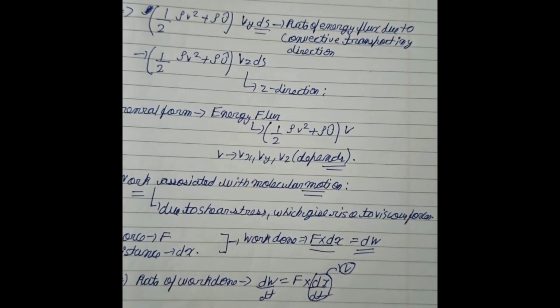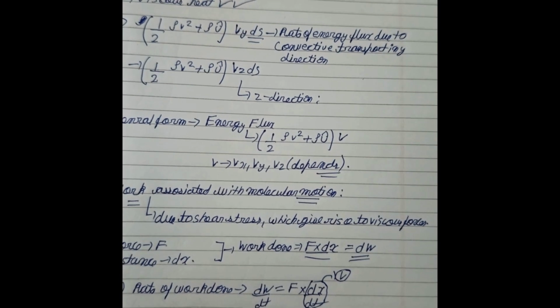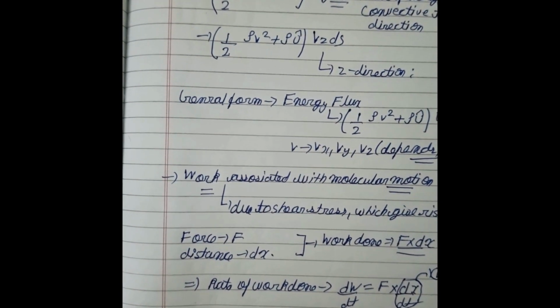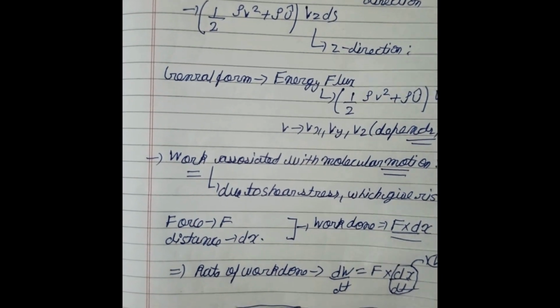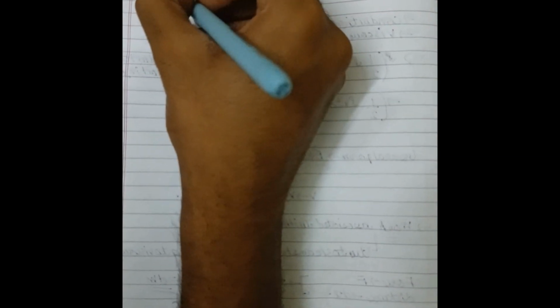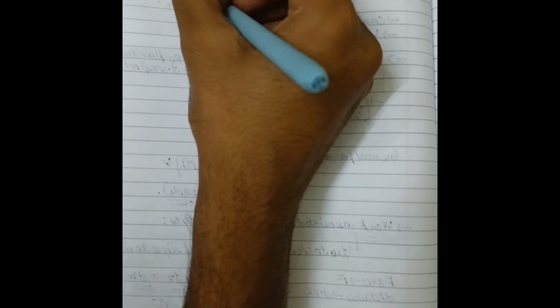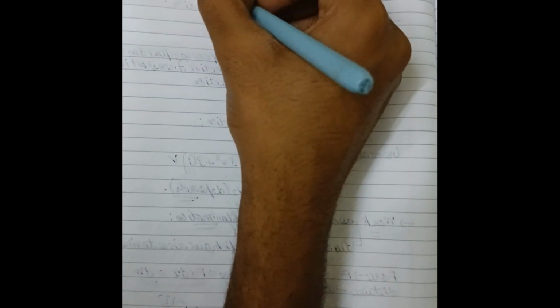F by A is force by area. We can represent that with tau. So F by A is nothing but tau. Because we divided with area, that is going to be work done per unit area.